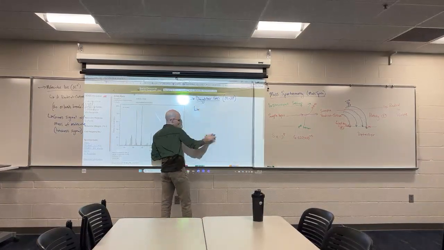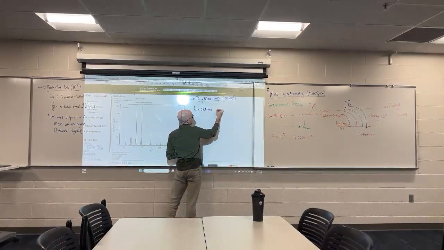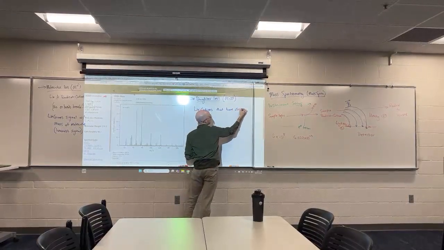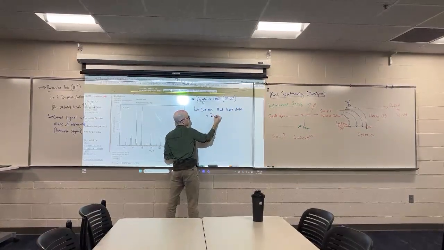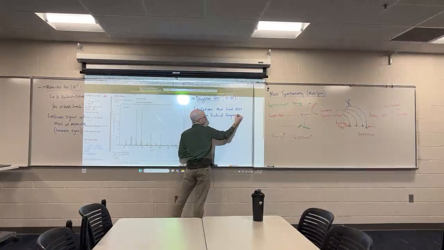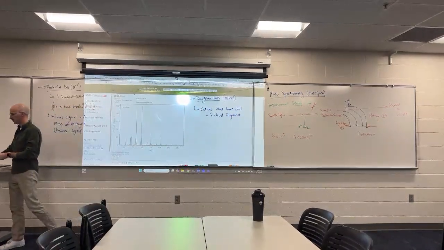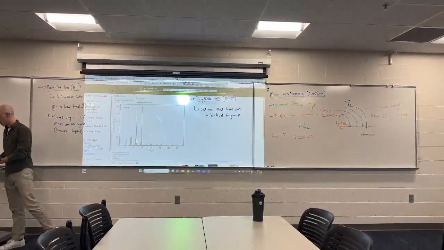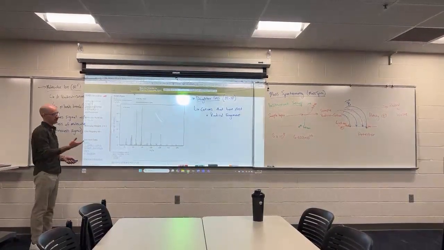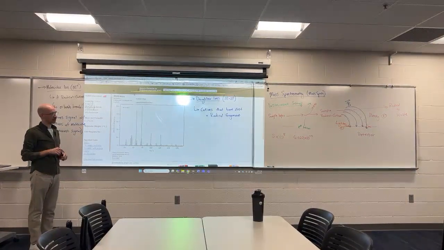These are cations that have lost a radical fragment. And that radical never shows up because it just flies off and it's not pulled towards the detector.